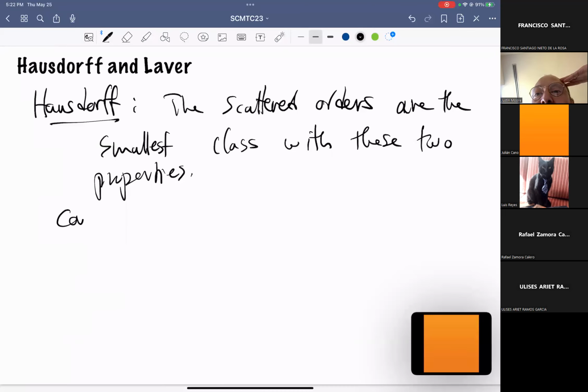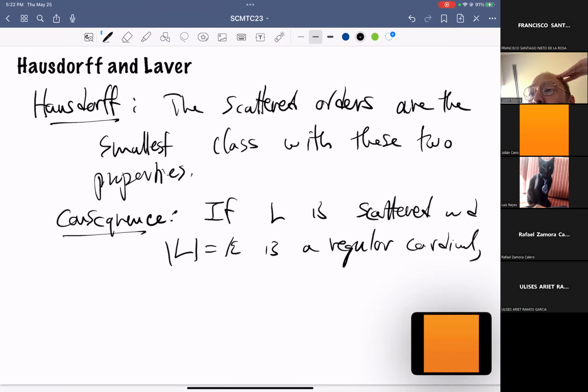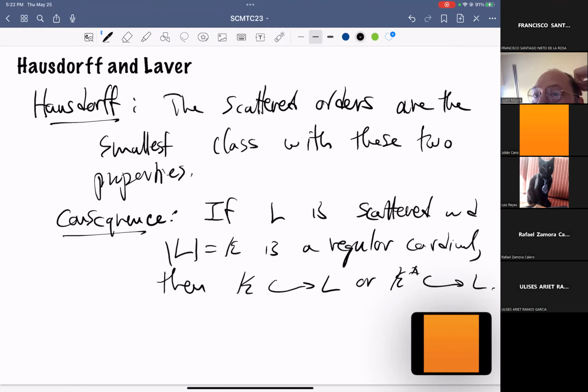And as a consequence, if L is scattered and the cardinality of L equals kappa, a regular cardinal, then kappa embeds into L, or kappa star embeds into L. So we'll come back to that later.